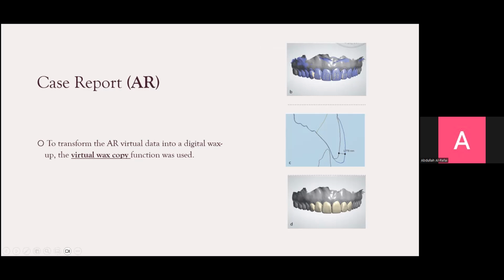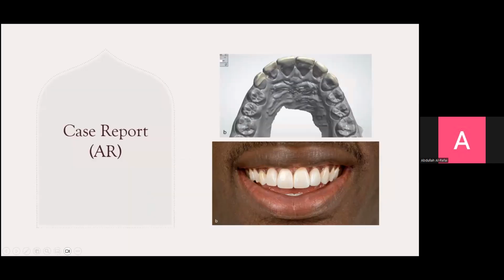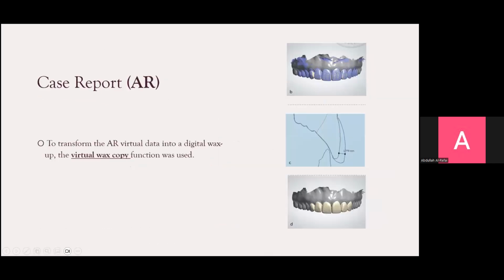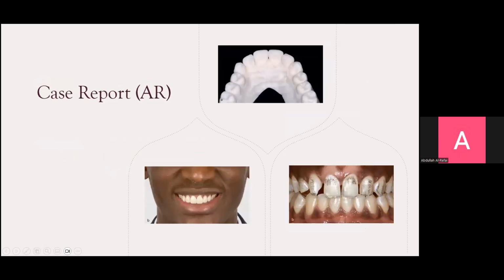The resulting halo space, the difference between the original maxilla or original teeth of the patient and the virtual data, was filled with wax using the virtual wax copy function. Okay. Now, after that, they print the digital wax-up and perform a real mock-up inside the patient's mouth.